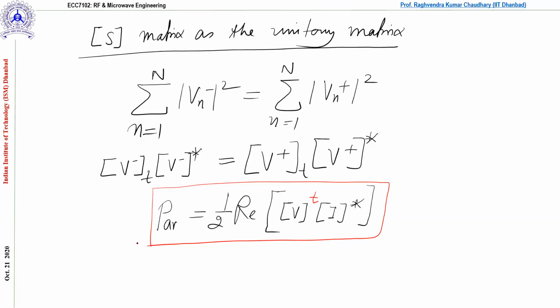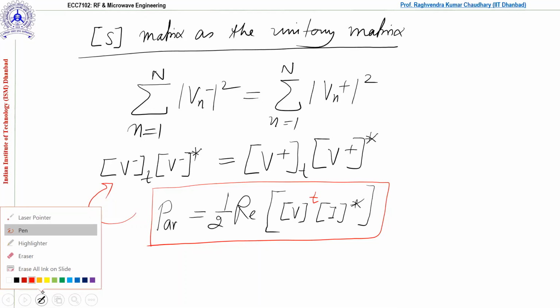In most cases in RF or microwave engineering, most devices, passive devices particularly, are reciprocal in nature, but not active devices like amplifiers.